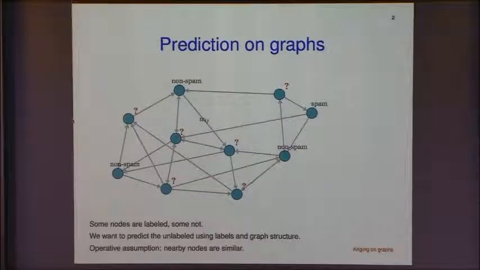And then you want to predict the unknowns using the labels that you do know. And the idea is that people are likely to be connected to other similar vertices. Of course, there are covariates you could put in, and the model will allow for covariates, but as usual, if you're trying to model the graph structure, you study what would happen if all you had was the graph structure.